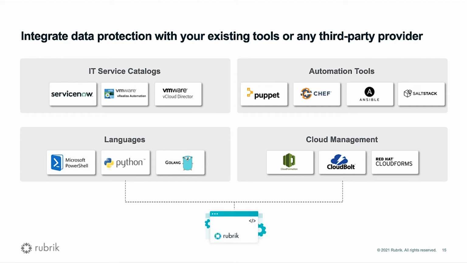On top of that, we have our SDKs. Maybe you're super proficient in PowerShell, or you're a Python person and you just want to get on the ground running. Just download our SDK, and you can start developing around Rubrik. For the automation tools, maybe you don't really know Python, but you're very proficient in Ansible.